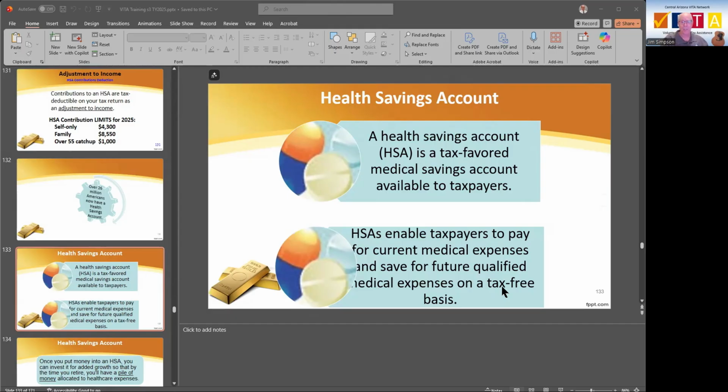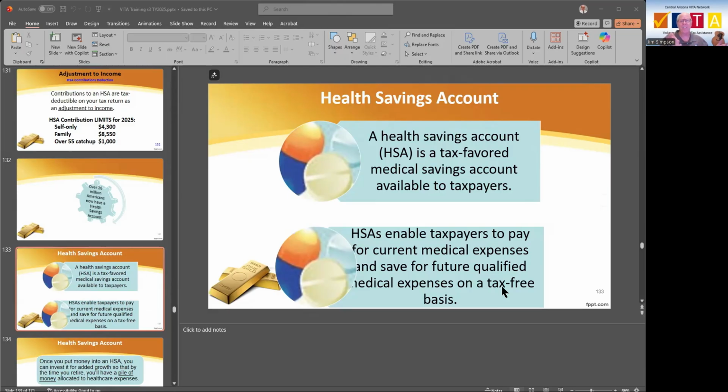We're going to get to that in the next section when we talk about deductions. Oh, medical expenses are deductible. Well, here's an introduction to itemized deductions. Medical expenses are only deductible if they exceed 7.5% of your adjusted gross income. Now think about that.